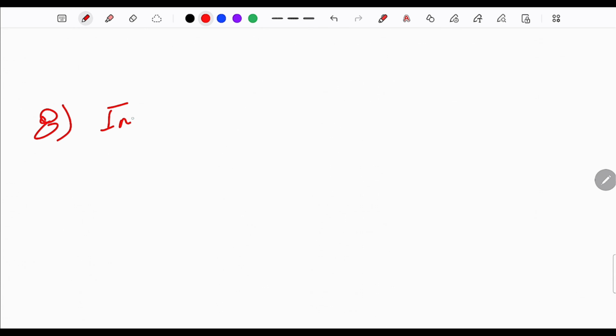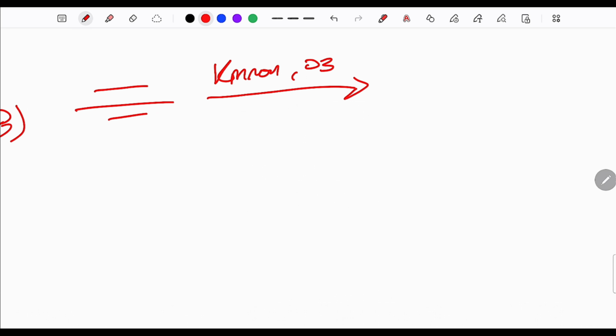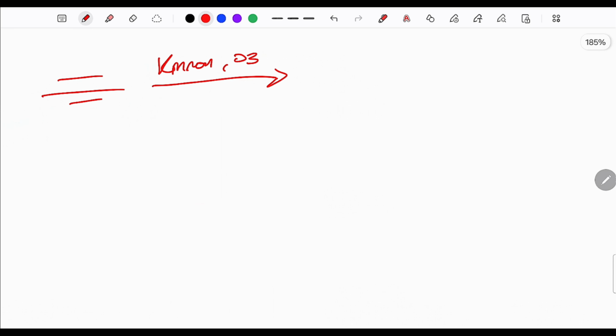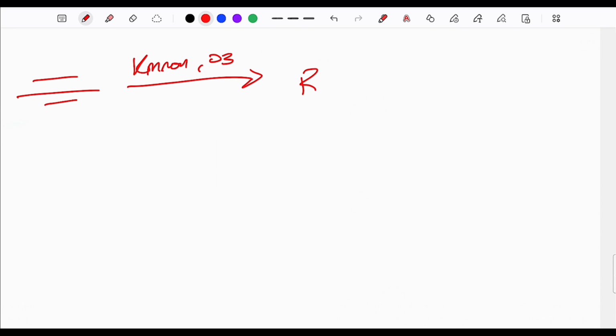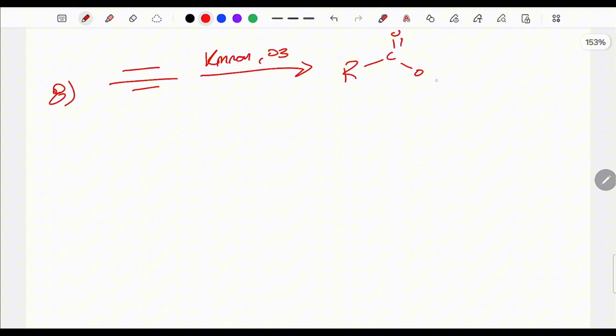Just understand that if I have an internal alkyne and I use either KMnO4 in acidic conditions or ozonolysis, I will generate a carboxylic acid and another carboxylic acid.